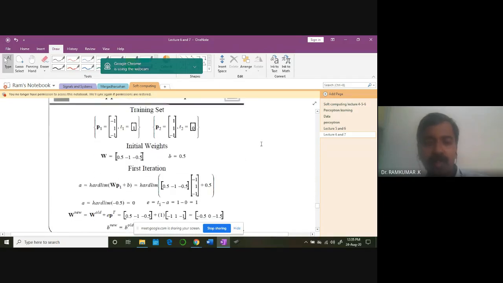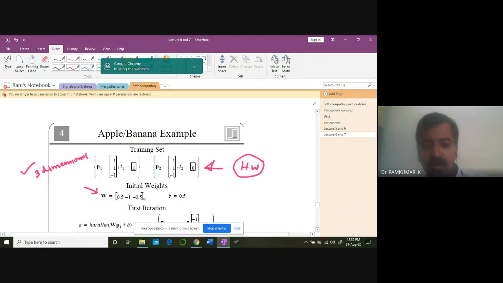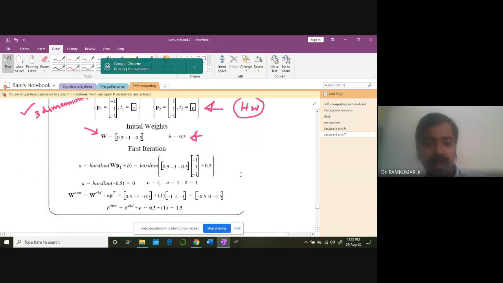Now look at the second case. In your notebook, try to take this problem and work it out like a homework. For this particular problem, update the weights. Choose some initial weights, it's a three-dimensional case, choose some initial bias, and then update it. I will give you a different problem, maybe you can see it directly. Hard limiter again, W P1 dot product, plus 0.5.